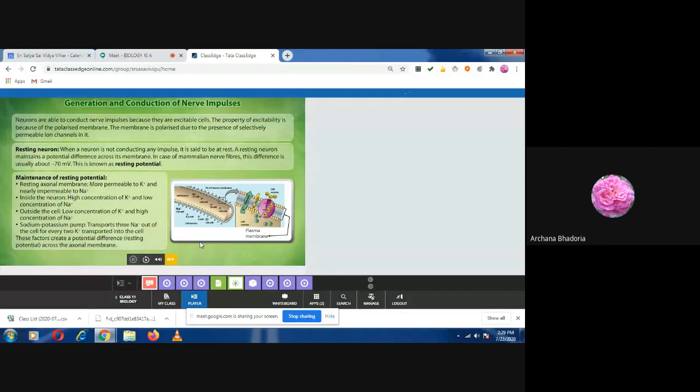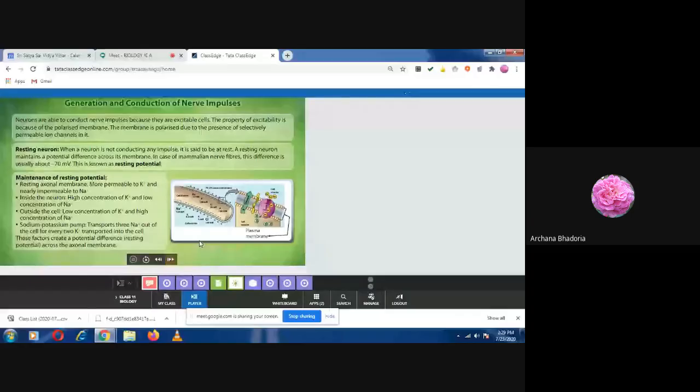So is this stage very clear, that until an impulse comes to the nerve cell, it is called the resting stage? And in that resting stage, it will maintain the potential difference, and that difference will be how much? Minus 70 mV. And why do we say that it is maintaining a potential difference?